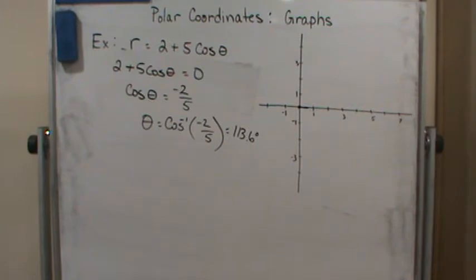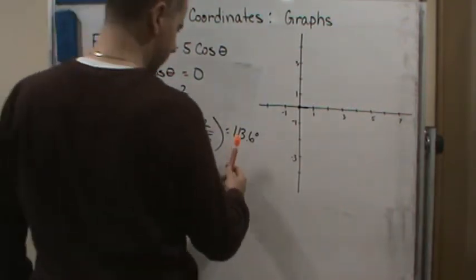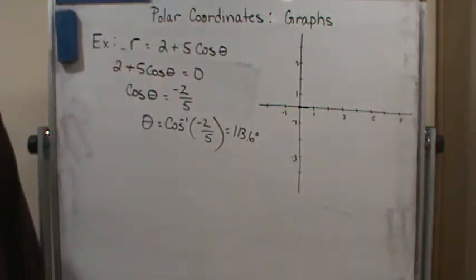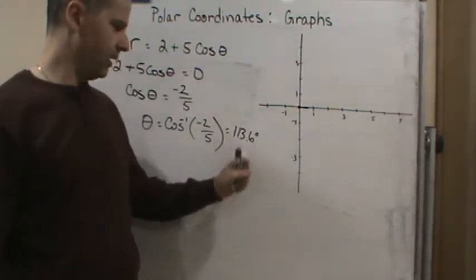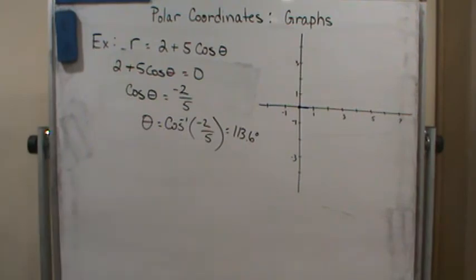Yes, okay, that's right. So they have it in radians. I just wanted to make sure that my answer was the same. So they have 1.98 radians, which is approximately the same answer.